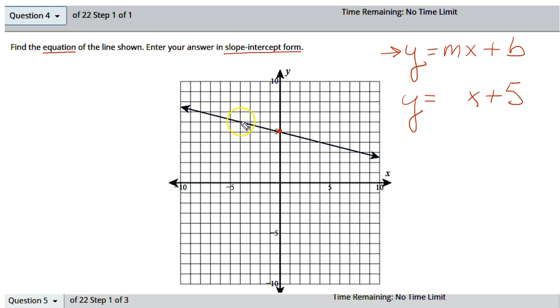Well, notice it crosses here, right on the grid lines. If I make my little triangle, I go 1, 2, 3, 4, up 1. So this is a negative direction, a positive direction.